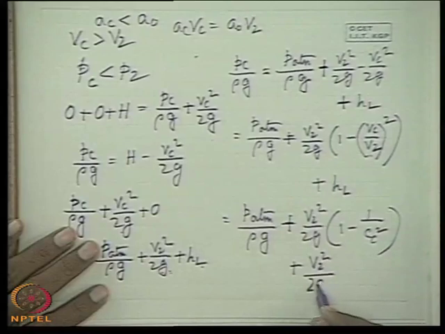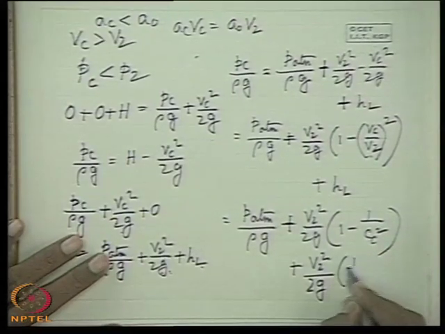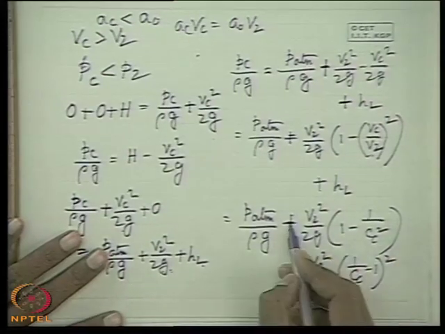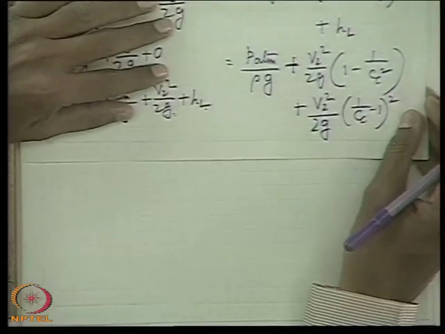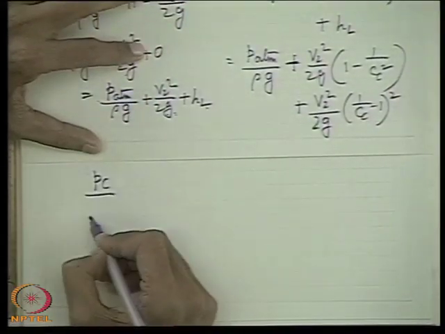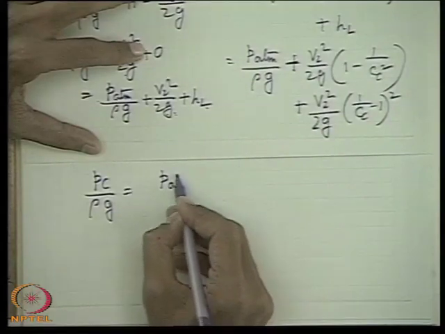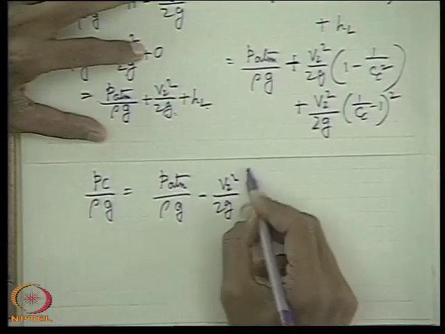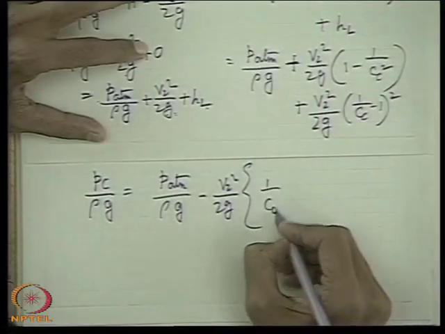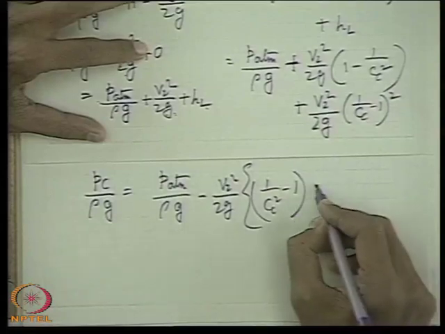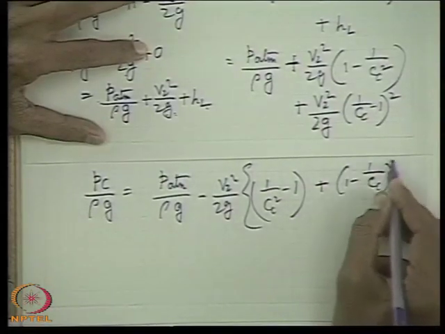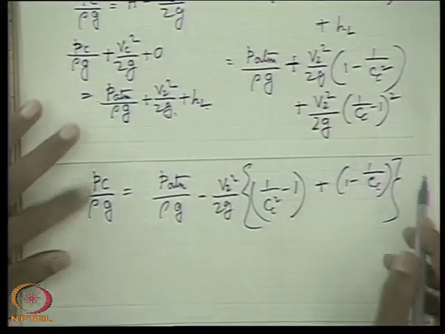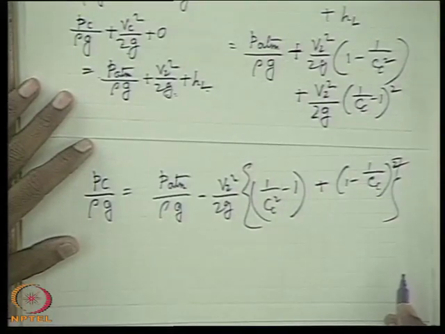Cc minus whole square. Now I can write Pc by rho g plus P atmosphere by rho g, take the minus V2 square by 2g. Taking this minus, 1 by Cc square minus 1 and plus 1 minus 1 by Cc, 1 by Cc minus 1 whole square.